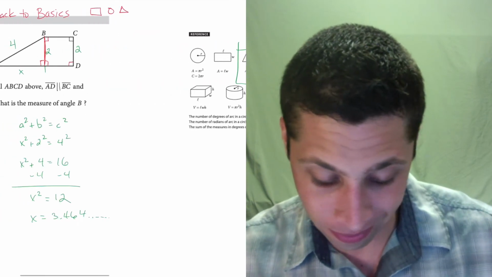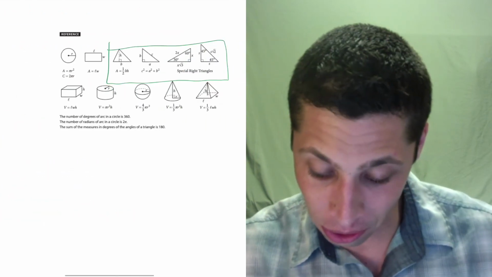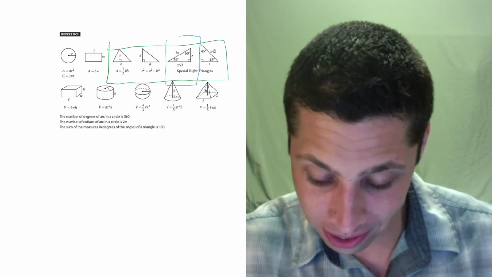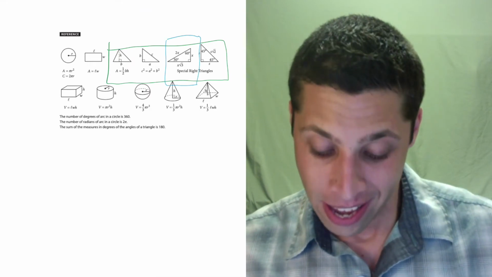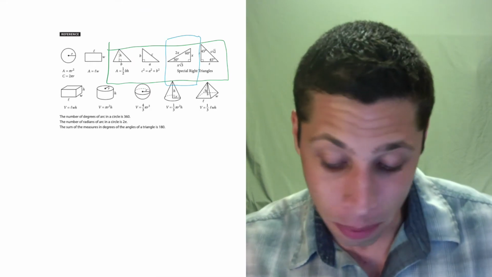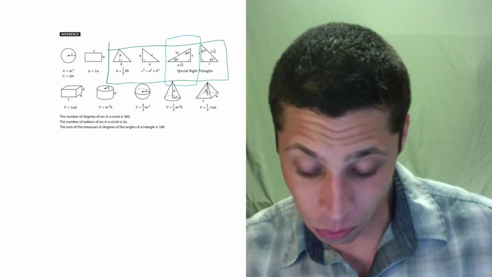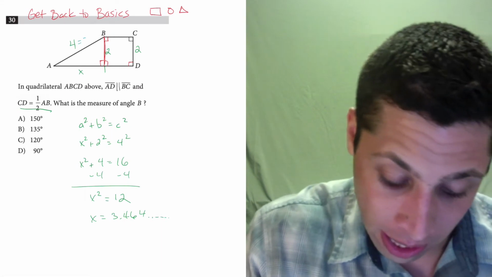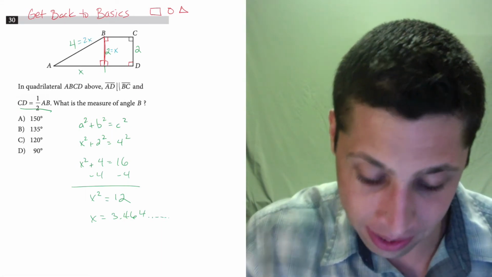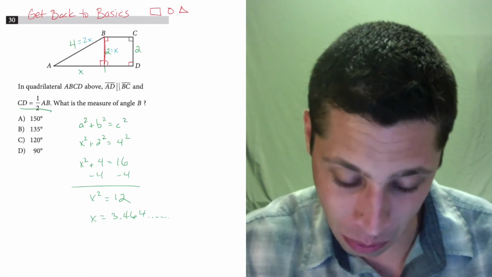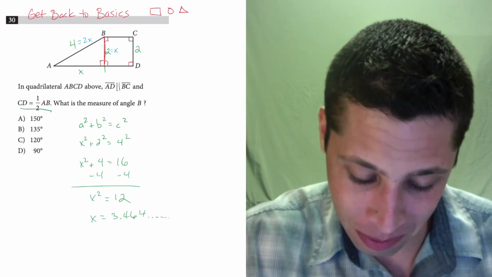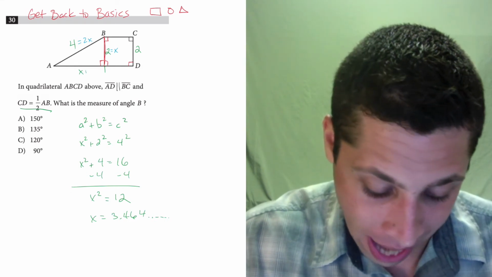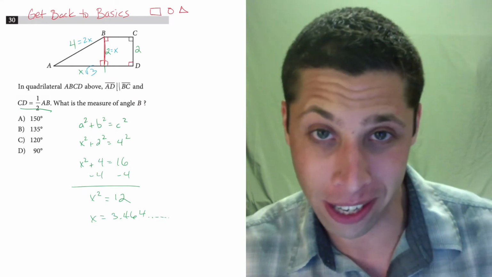Well, it kind of looks like this 30-60-90 one. So let's match up the ratios that they give us with the sides. So 2x, x, and x root 3. Well, this is definitely the 2x side. This is the x side. Probably shouldn't have used an x before. And this side here, let's make it now the x root 3.